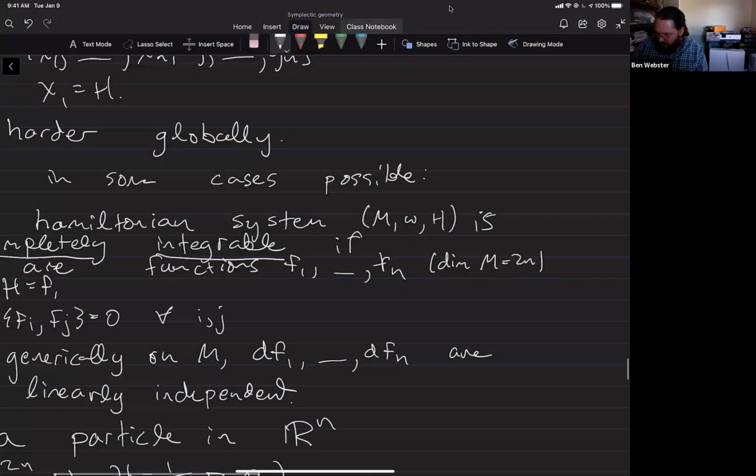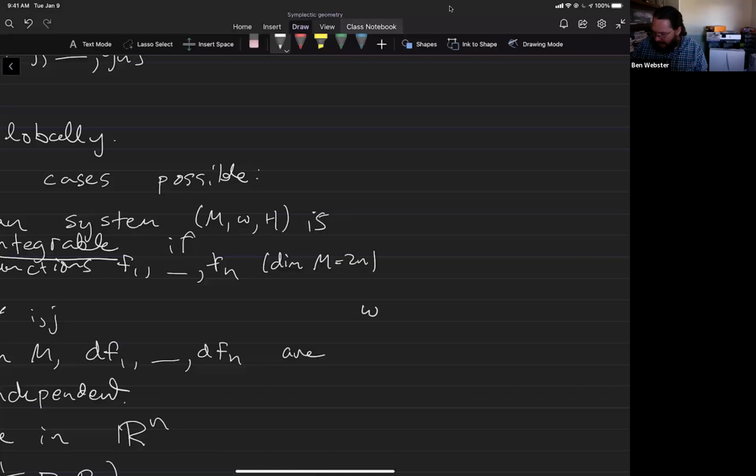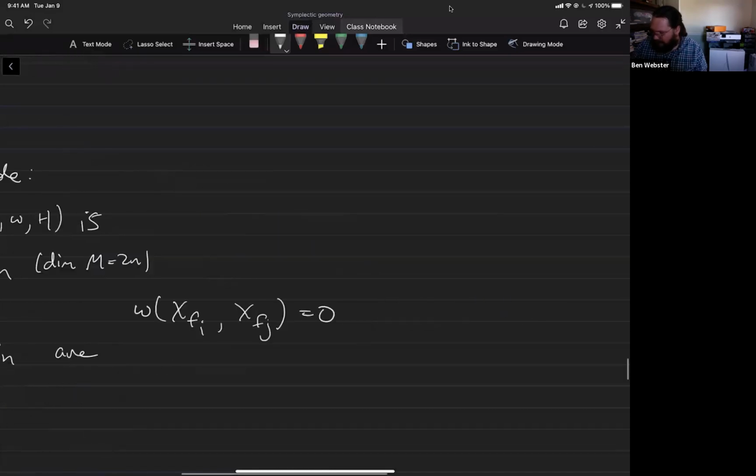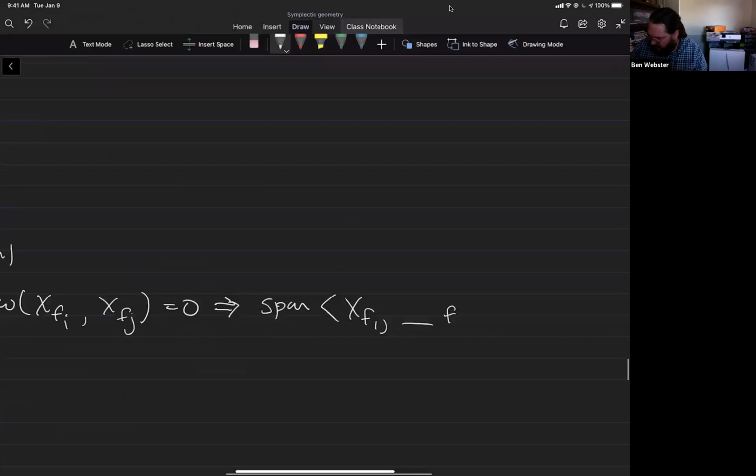If I have this situation where I have pairwise commuting, then that means that the symplectic form applied to X_fi, X_fj is equal to 0. So the span of X_f1 up through X_fn has trivial symplectic form, so it's isotropic.